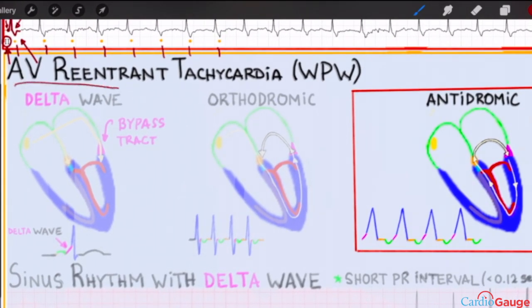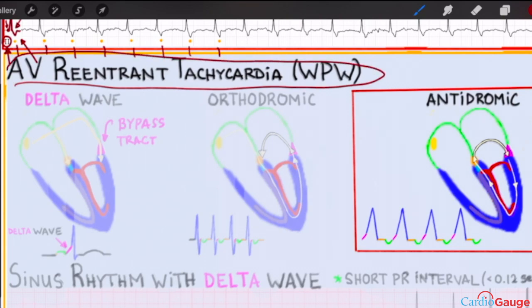Let's do the level 3 part of AV reentrant tachycardia, and that's over here, the antidromic AV reentrant tachycardia. Antidromic means in the opposite direction of how conduction normally passes.